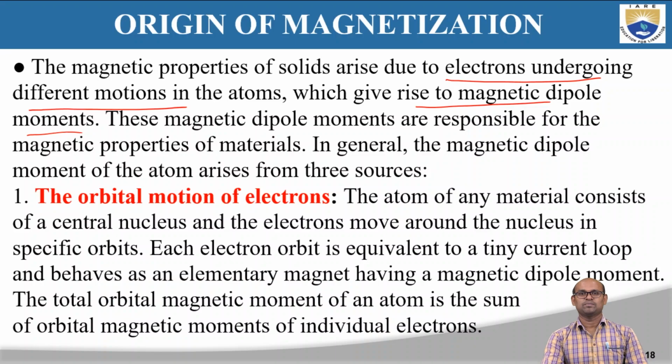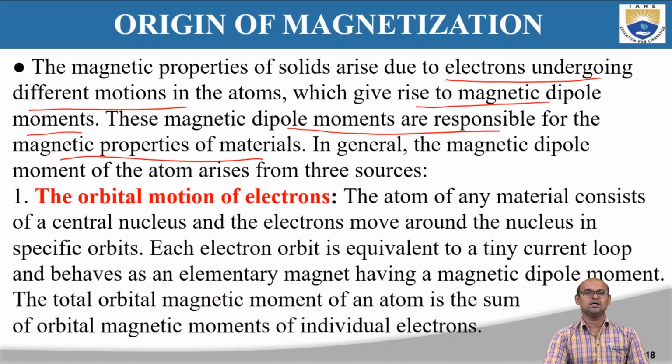So the magnetization of a material comes from the electrons present in atoms undergoing different motions, which produce magnetic dipole moments.